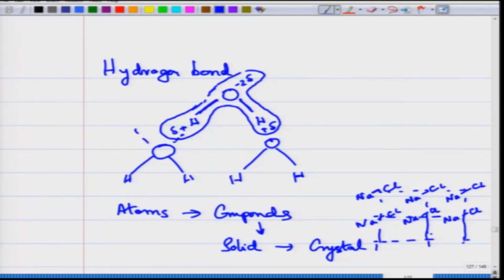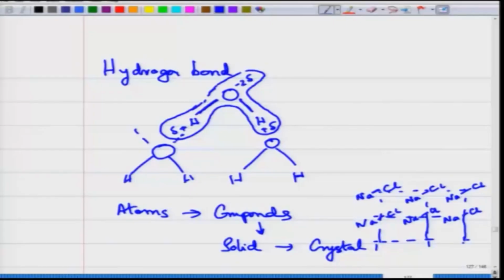But this is the idea, that you have atoms which are bonded together, and then these compounds and complexes, or this collection of atoms, are organized periodically in space, leading to the formation of a crystalline structure, where there could be bonds between them, and these are the different types of bonds that exist, resulting in a periodic structure of this material.